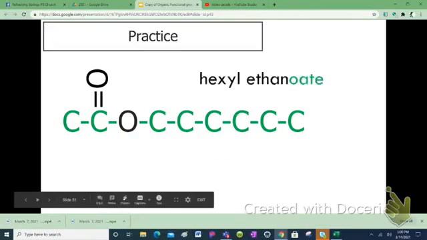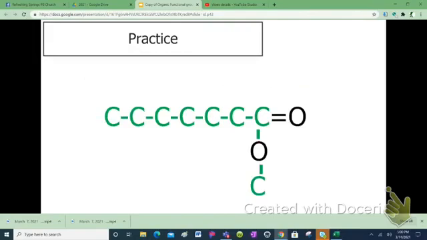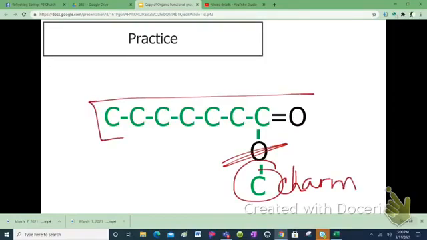You're doing great. Let's look at this one. Now be careful. Remember, double bond is where the chain is. The O is where the charm is. So if we look at this one carefully, we find the oxygen is cutting here. So this then is my charm. And this then with the double bond is my chain.